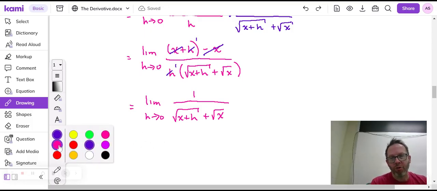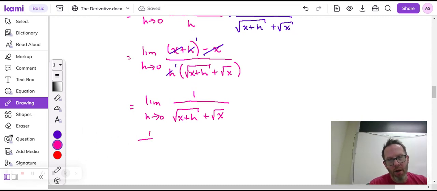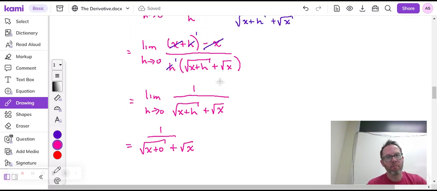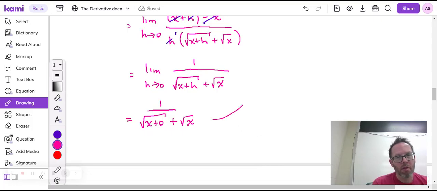At this point, we can drop the limit. So we have 1 over, I don't like how I wrote that, equals 1 over the root of x plus 0 plus root x. You could have just written 1 over root x plus 1 plus root x if you wanted to.